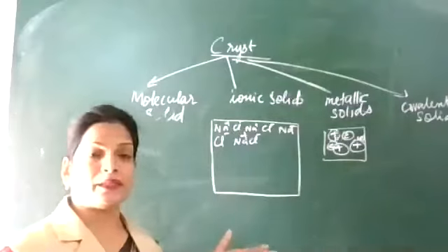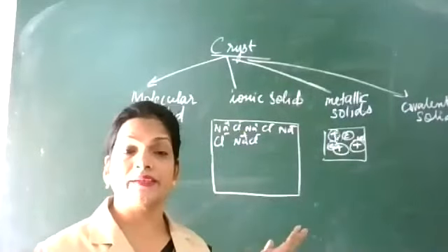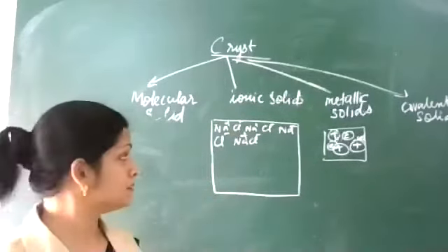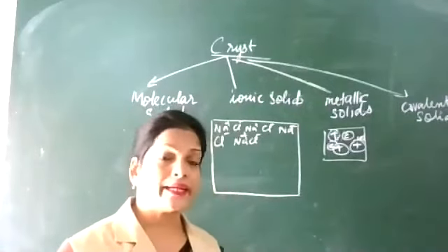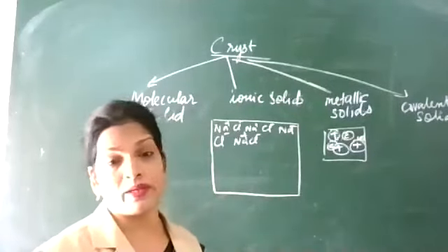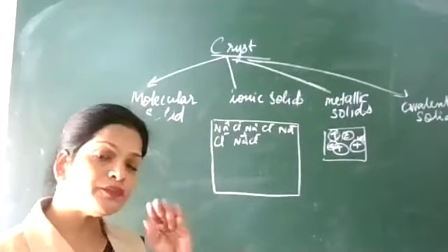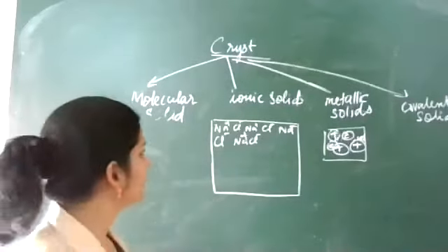So many Na plus are in contact with Cl minus. Similarly, Cl minus in contact with Na plus. The force of attraction between the constituent particles is ionic bonding or electrostatic force of attraction. Attraction between positive and negative, we call it electrostatic force of attraction or ionic bonding. So the force of attraction between the particles of ionic solid is ionic bonding.